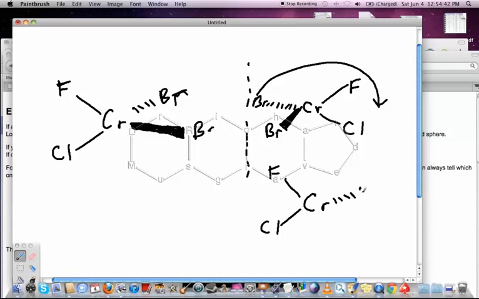And now the Brs will be over here. And as you can see, if you try and line these 2 up, you can line them up. The 2 Brs will match, the F and the Cl will match. So these are not stereoisomers. So there's no stereoisomerism coming on here. The only time we get stereoisomerism is when we've got 4 different groups attached to the central atom.